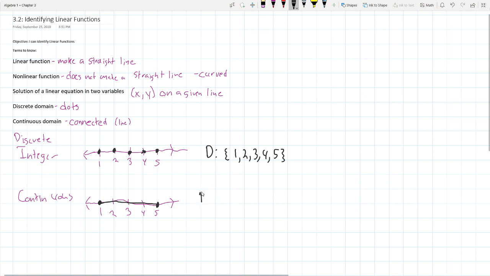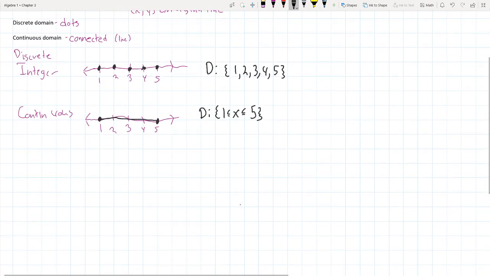In this, our domain, with the little curly brackets, is 1 is less than or equal to x, because we can be at 1, and that is less than or equal to 5. And that's our domain. Again, the big idea is list them from smallest to largest and make sure we have no repeats.